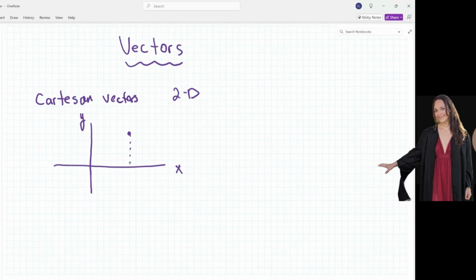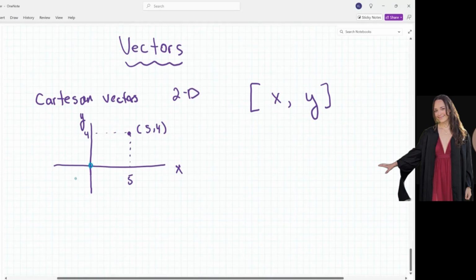We'll say this dot exists at 5 and 4. So we have this point over here, (5, 4), and that is our ordered pair. Whenever we have ordered pairs, we always start with the x coordinate first, and then the y coordinate. Here, this is simply a point, and how can we turn that point into a vector?